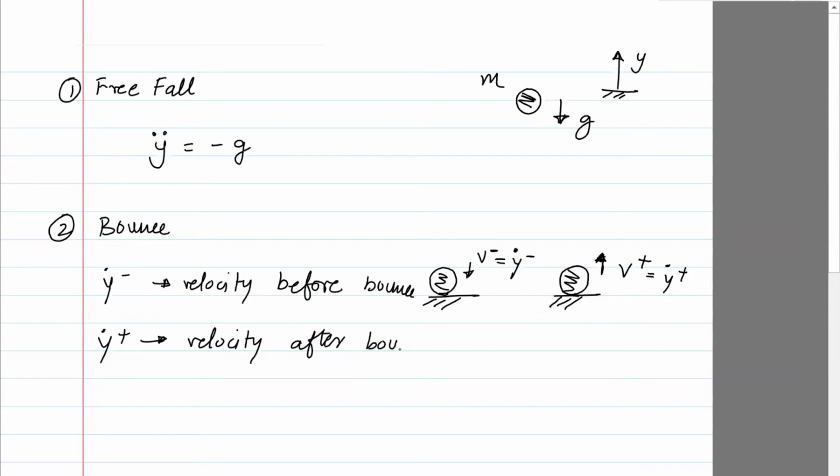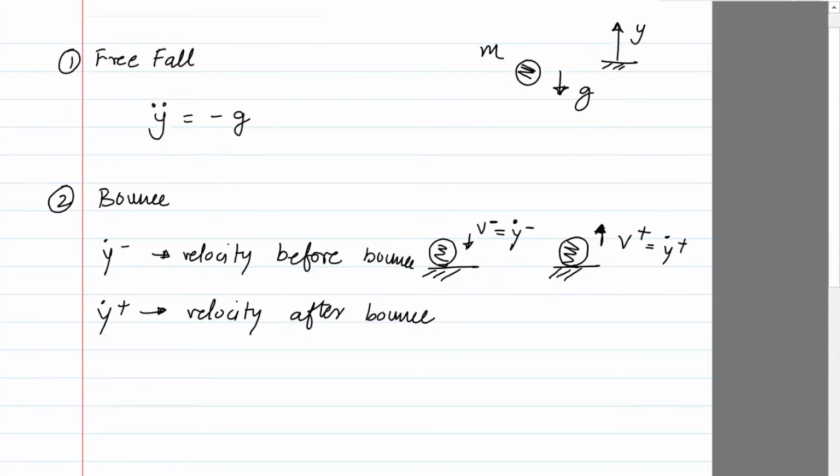So for this particular phase, the equations are empirical equations called Newton's law of restitution, which is basically an empirical law. You need to do an experiment to figure out this law.